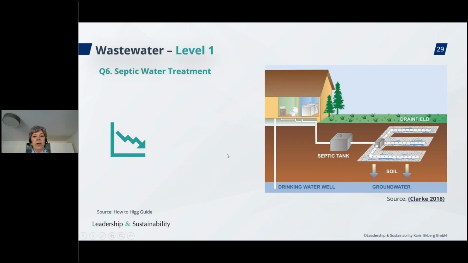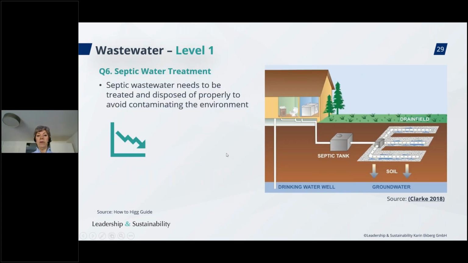And now I wanted to mention also the septic water treatment and the treatment levels that we get here. Of course the septic wastewater needs to be treated and disposed of properly to avoid contaminating the environment. So even if it's only domestic wastewater, it still needs to be treated. And the treatment capacity that we have on average is that 40% of BOD, biological oxygen demand, is reduced in the septic tank treatment.